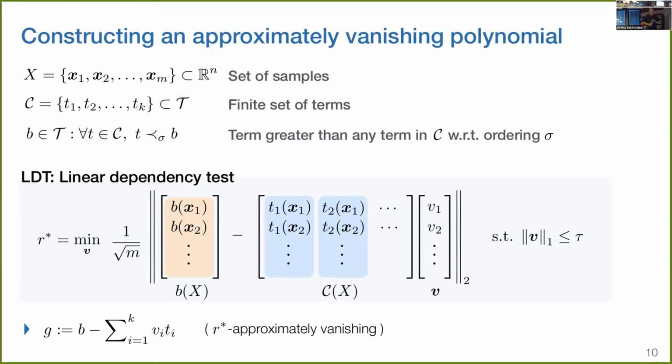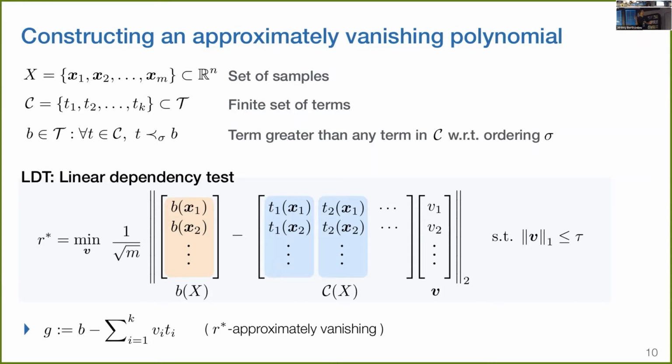Okay, and then next we solve some regression. So here I use the notation of evaluation vector. We evaluate monomial B there, B of X. And then we evaluate the terms in C, so C of X, this is the evaluation matrix. Each column is the evaluation vector of each term. And then we want to find some nice coefficient vector.